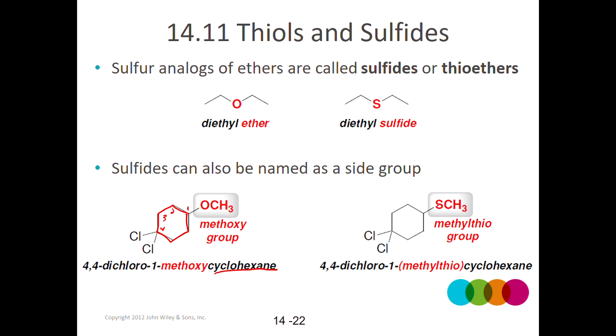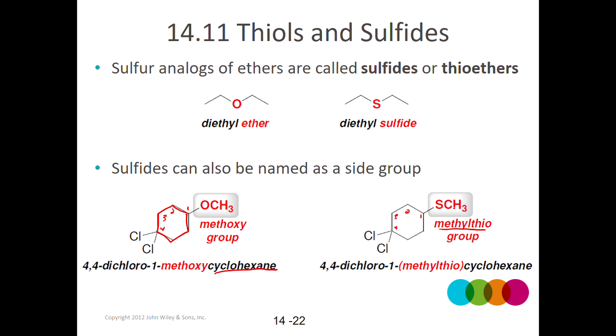So if we do the same structure but replace the oxygen with the sulfur, we would name it the same way. We would have the same parent chain, the cyclohexane. We would number it the same way. We'd still get the sulfur priority over chlorine. So we have 2 chlorines on carbon 4. And the group now here, it's not a methoxy because we have sulfur. It's a methylthio.